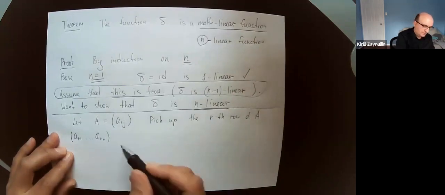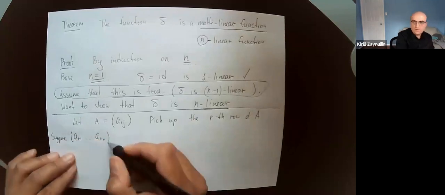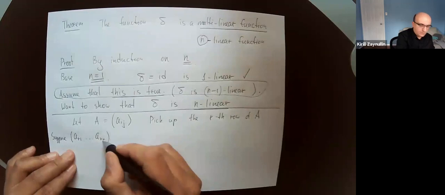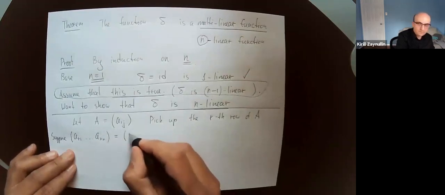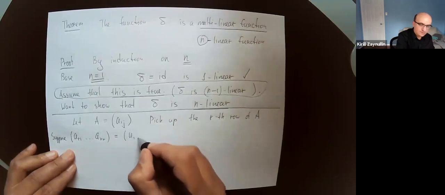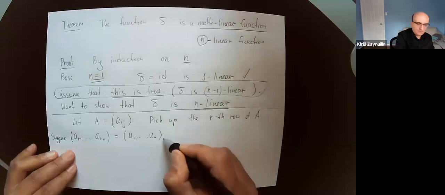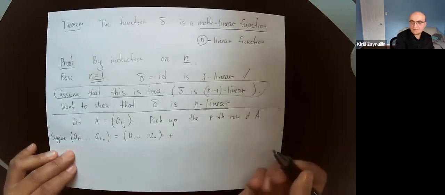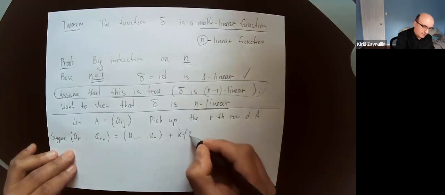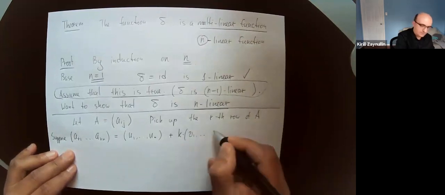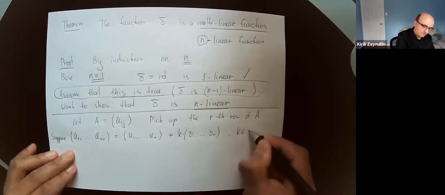Suppose that we can write this row as the following: some other vector u1 through un, plus some scalar k times another vector v1 through vn, where k is a scalar.